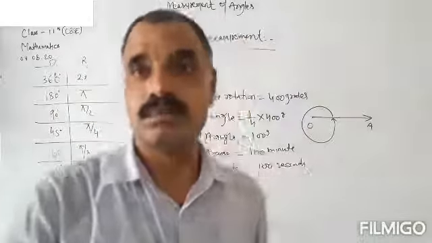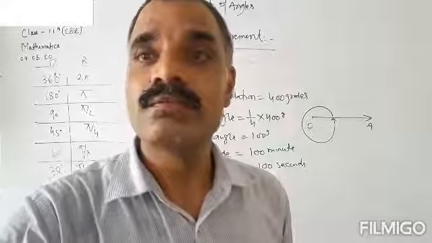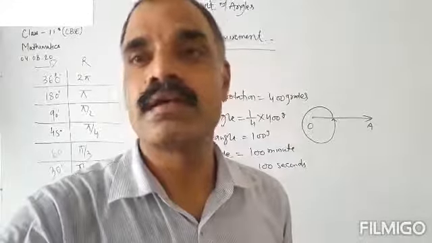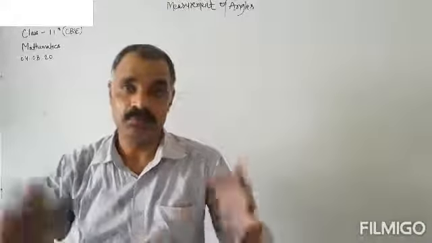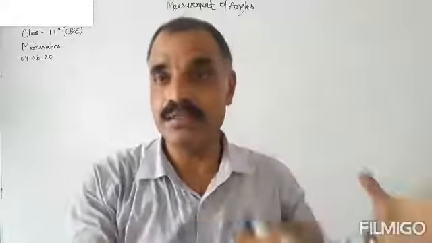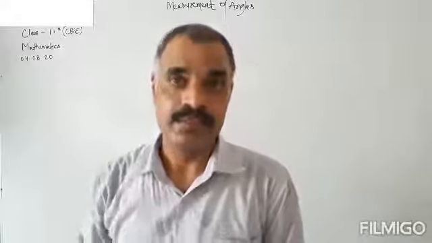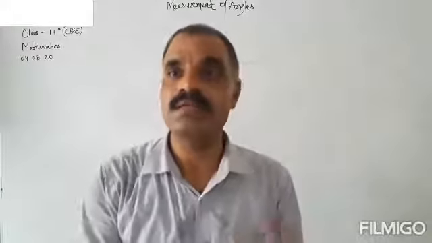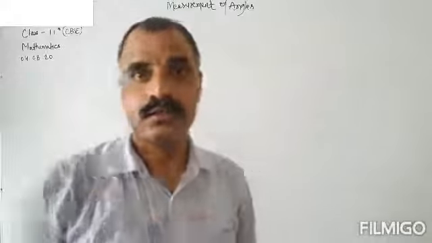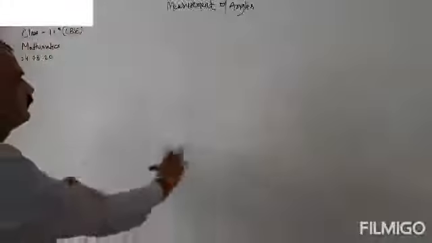Now we will discuss the relation between the different measurements of angles, that is degree measurement, radian measurement and grade measurement. What is the relation between these three? Okay, now let us have a look here.